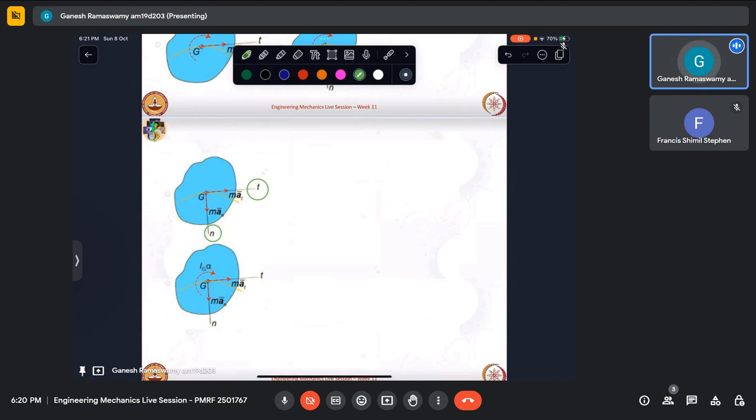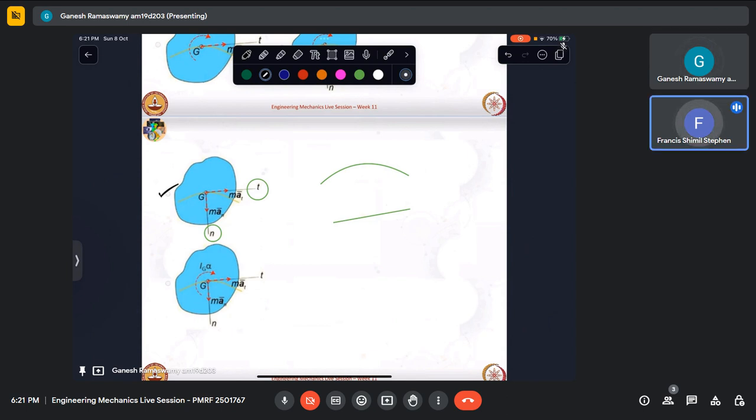If it was linear, there would be no normal, only tangential, because this is a curve whereas that is straight. If it is moving along a straight path, there is no need for centripetal acceleration, in which case only tangential acceleration will exist. So that is why this is the correct answer.